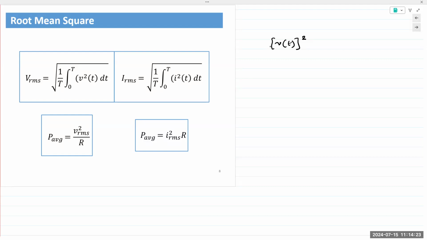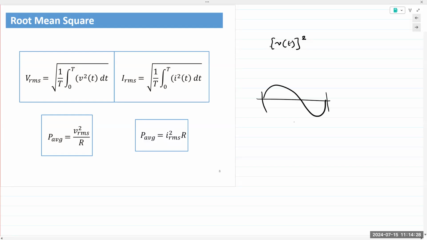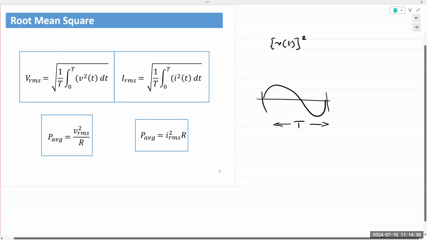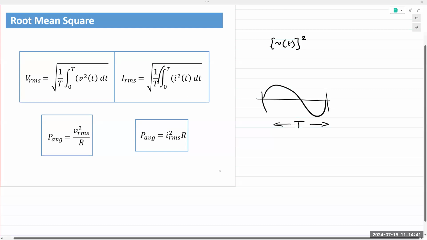So you have one time period, you take individual slices, which is dt, and then you sum them up from 0 to T, which is the integral from 0 to T for that one time period. Then you divide it by T because you're trying to find the average. And because we took the square at the beginning, we take the square root of that result.